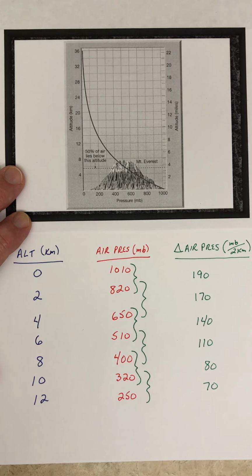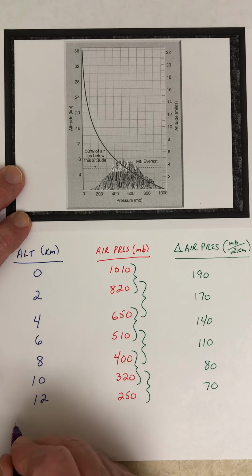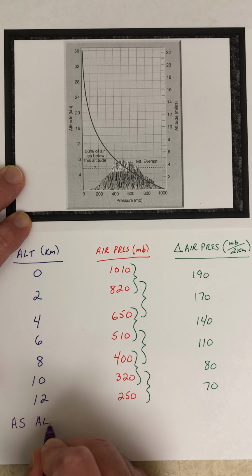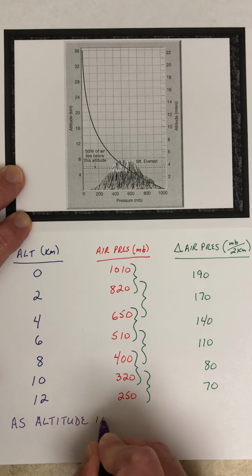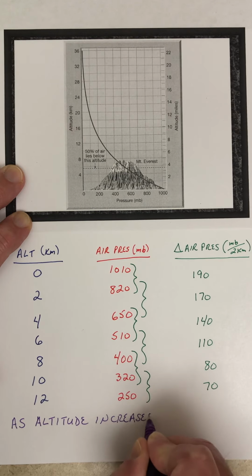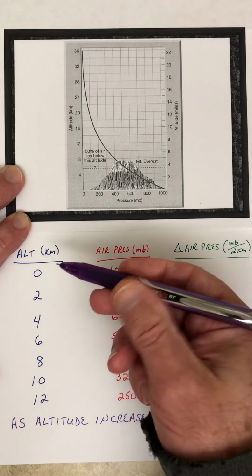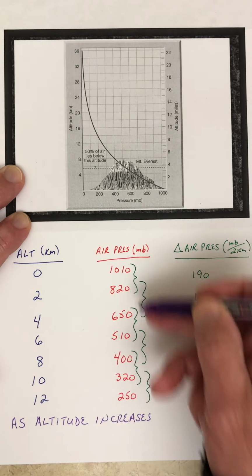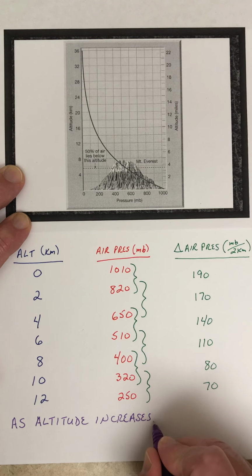Okay, so at this point we can make an observation, that as altitude increases, the air pressure decreases.